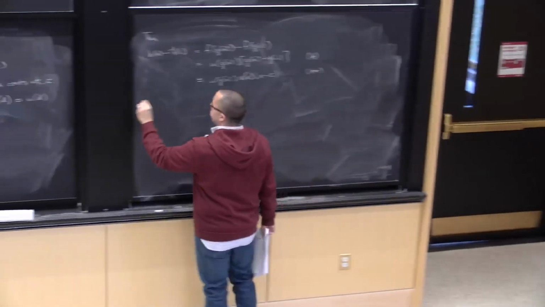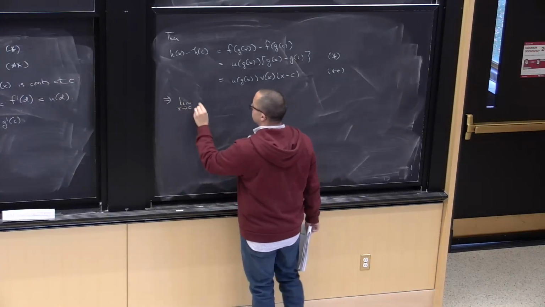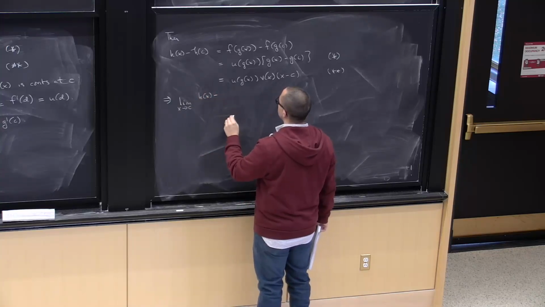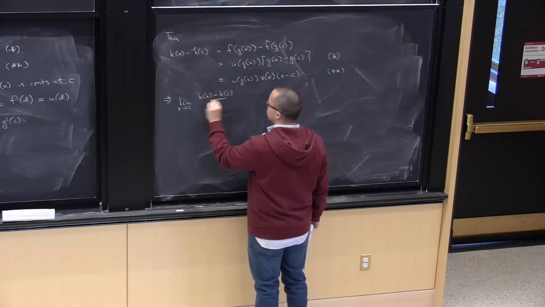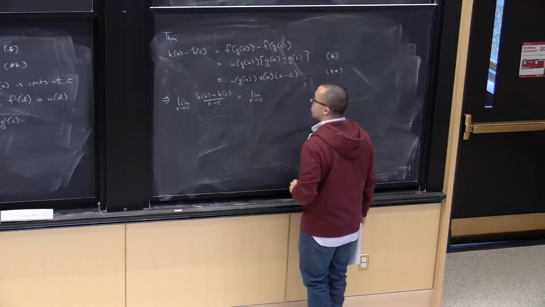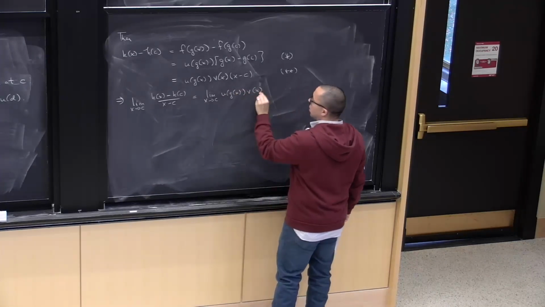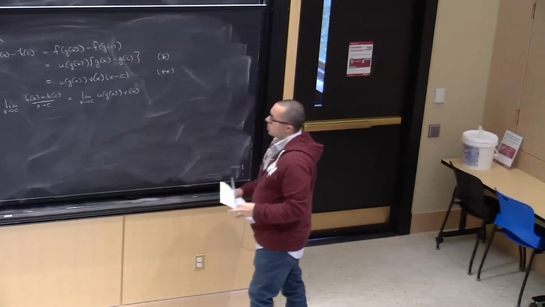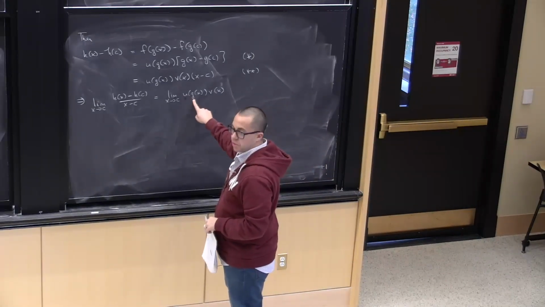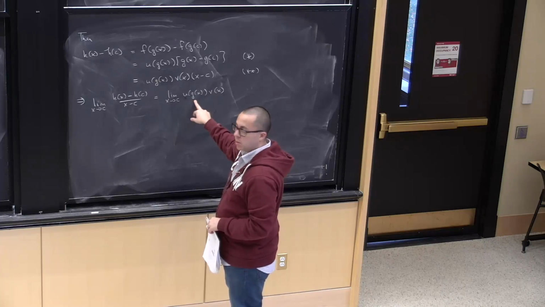And therefore, the limit as x goes to c of h of x minus h of c over x minus c is equal to the limit as x goes to c of u of g of x times v of x. Now, u is continuous at g of c, g is continuous at c, and we proved that the composition of two continuous functions is continuous, right?